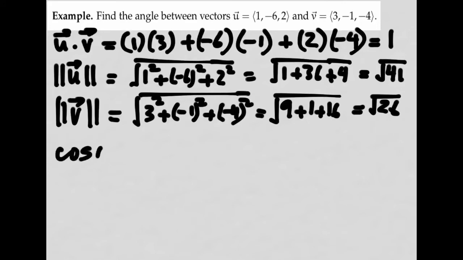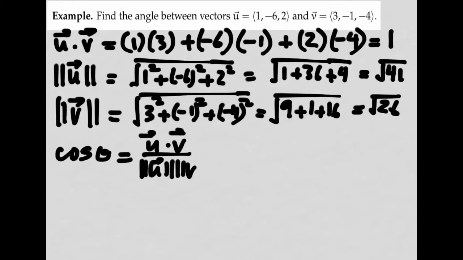Cosine theta is u dot v divided by the product of magnitude u and magnitude v, which equals 1 over square root of 41 times the square root of 26.